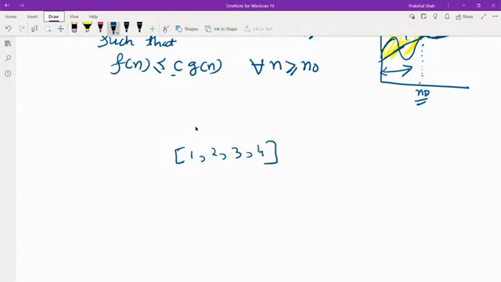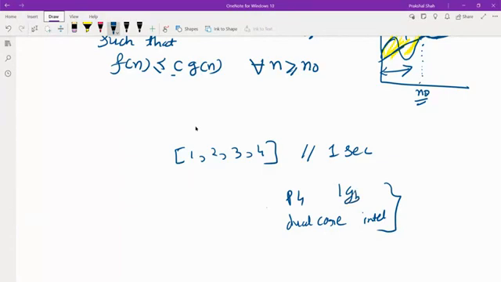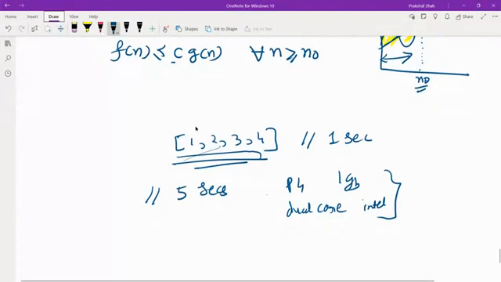If I say that on my Mac this is taking 1 second, and on my Pentium 4 or dual core Intel, very old CPUs with 1 GB RAM, it is taking, let's say, 5 seconds to run this program, to sort this array or print this array, anything.